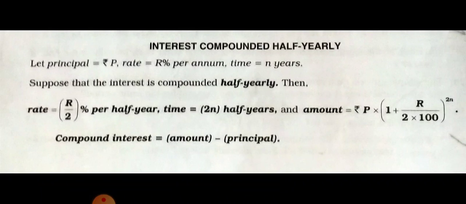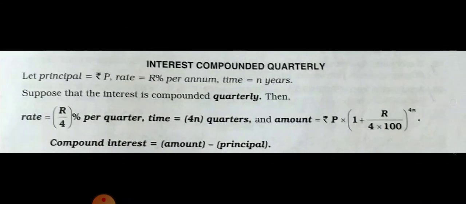Then you apply that in the compound interest formula and you get the amount, which equals P into (1 plus R by 200) whole power 2n. For calculating the compound interest it will be amount minus principal.